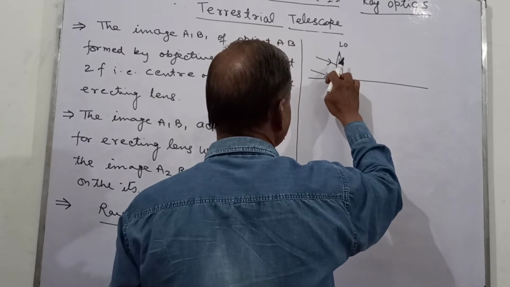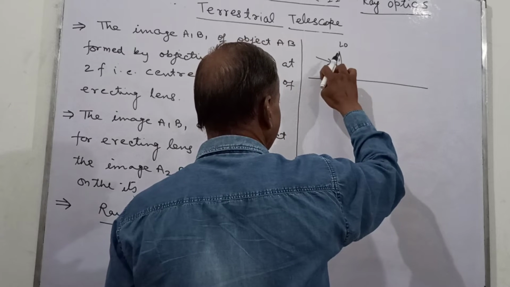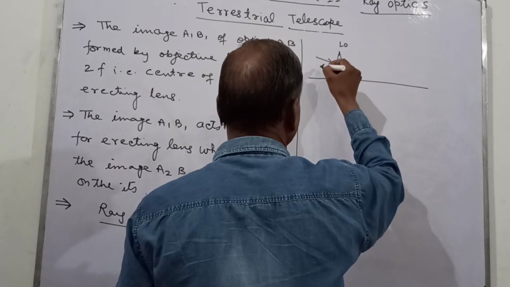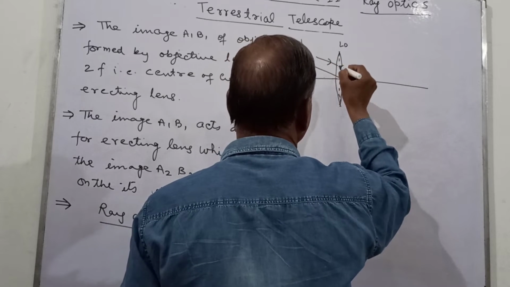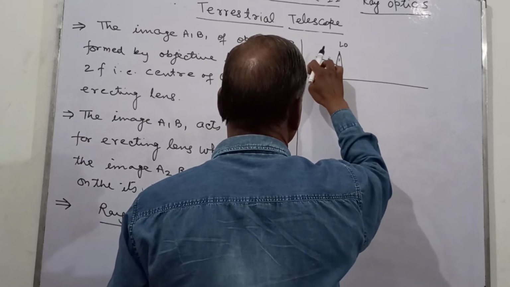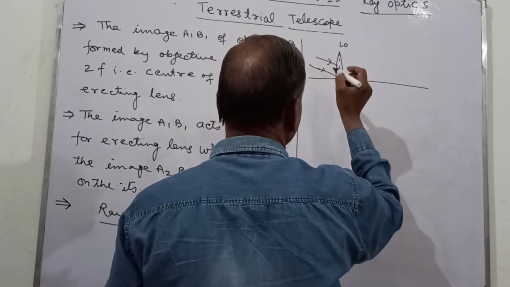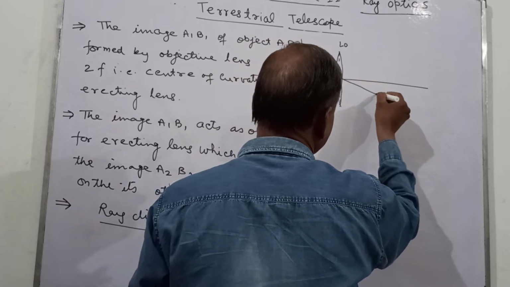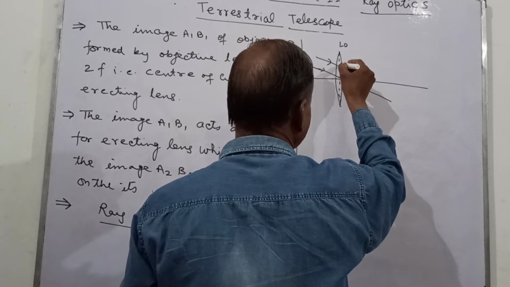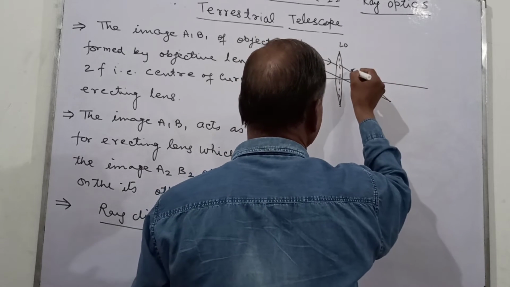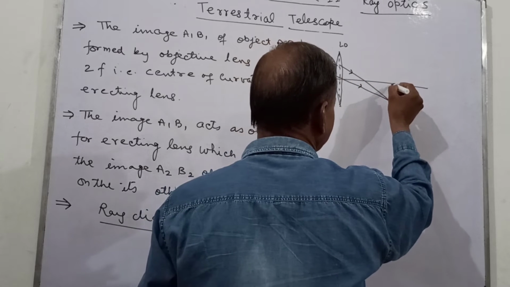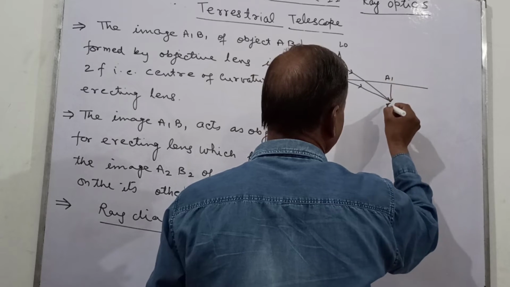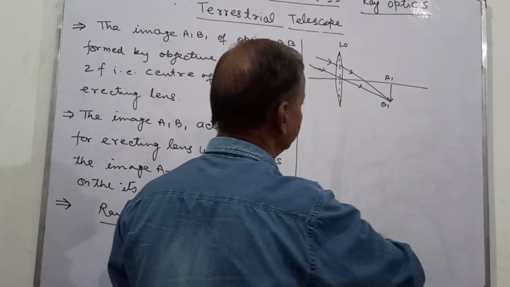This ray passes as such without any deviation, because it is passing through the optical center. And now this ray is passing like this. So it is the image that I told you, A1 and B1.